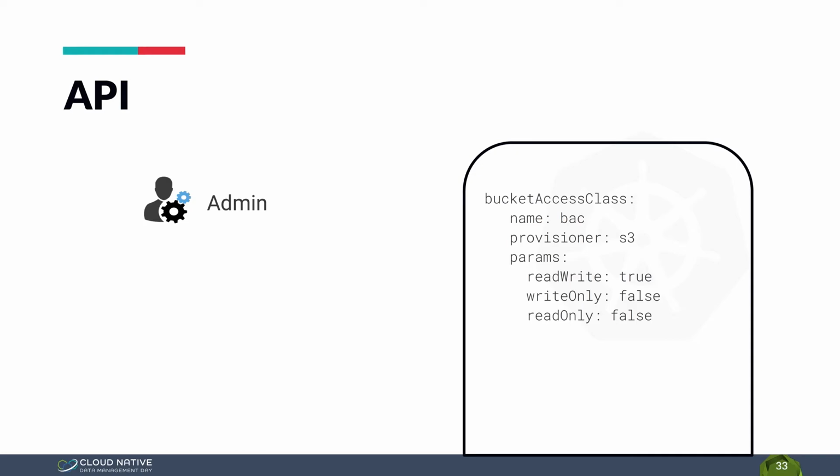So admin controls the classes and developer controls the requests. As long as the admin has created classes beforehand, a developer can create as many requests as they would like, to create as many buckets as they would like within the boundaries of what the admin has set with the classes. So this is how we enable self-service.